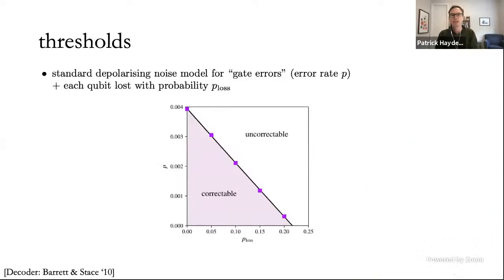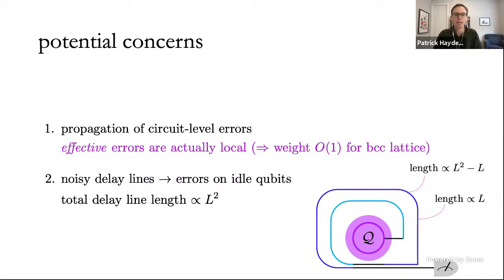Now, that is not quite the end of the story, however, because remember, we are keeping our qubits in the delay line, and the longer the delay line, the more loss there is going to be.